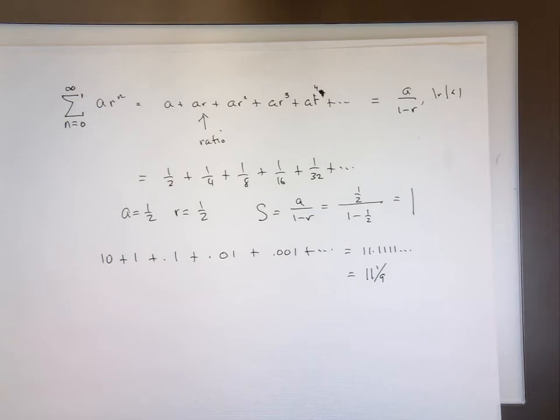What's 0.999 repeating? It's 9/9. It's equal to 1.